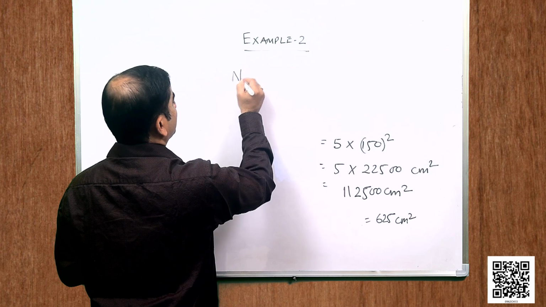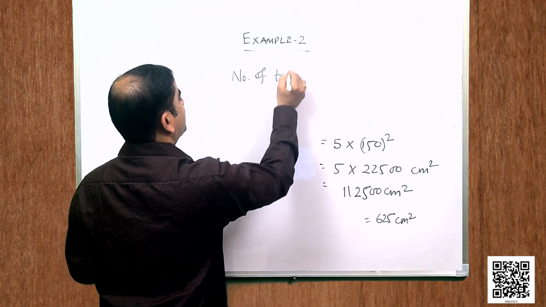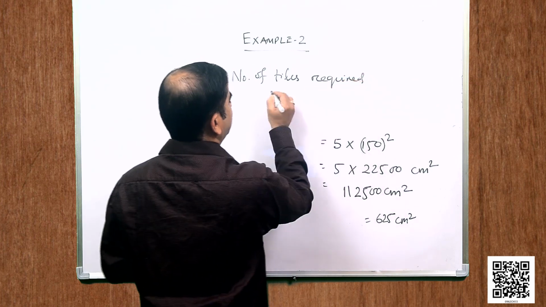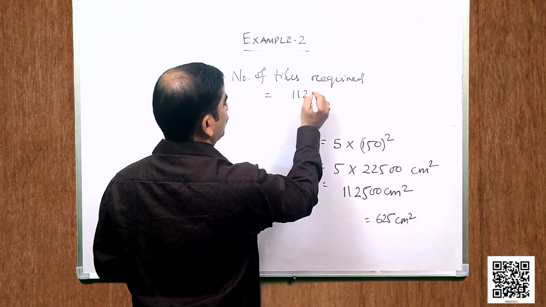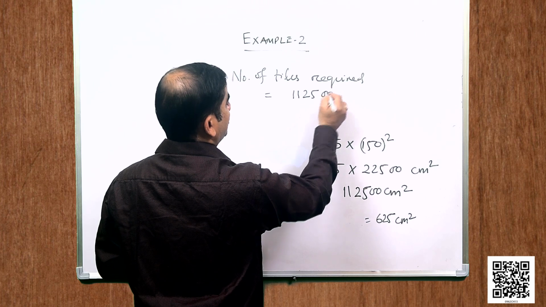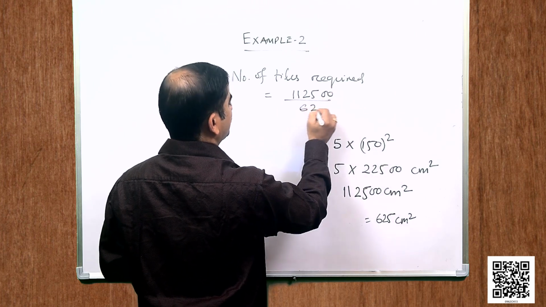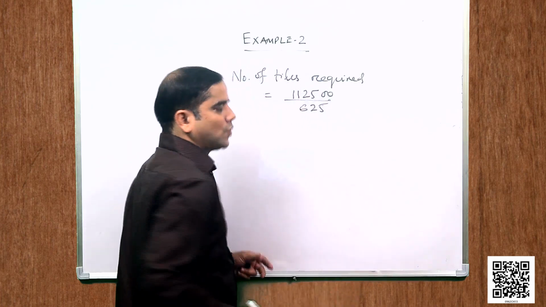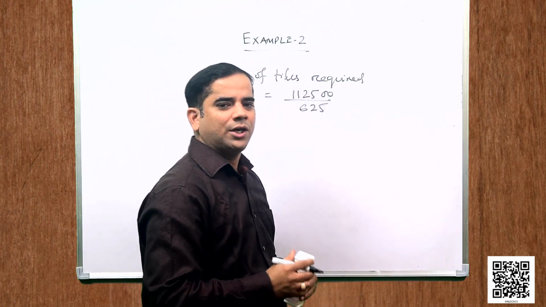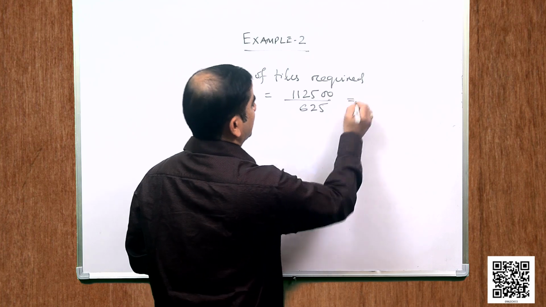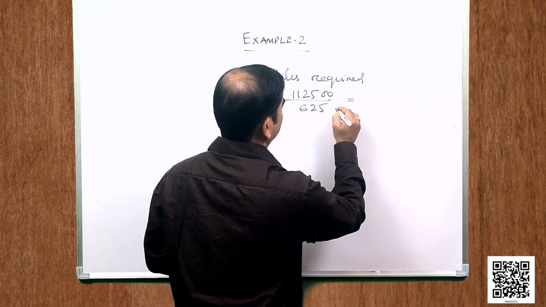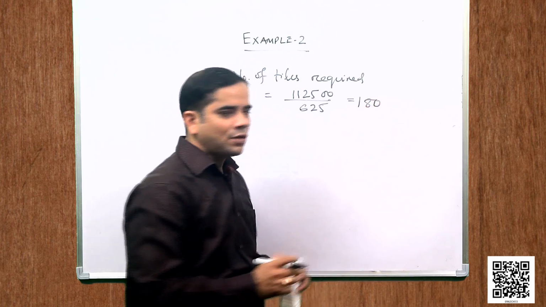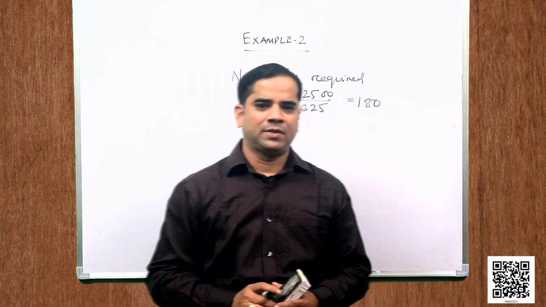So, number of tiles required is equal to 112500 divided by 625. Okay, 112500 divided by 625, that gives us 180.